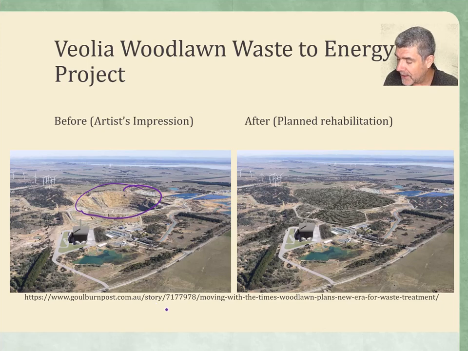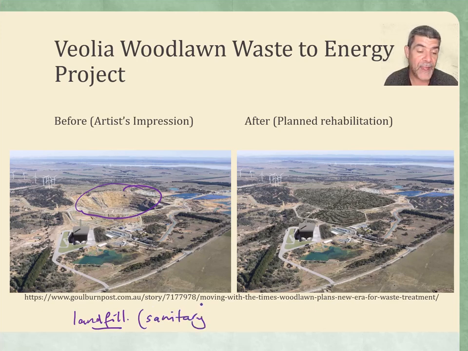So there is a range of different types of uses that has been made of this area. Some of that is for landfill, but it's landfill that's been sanitized, so sanitary landfill. And then also there is a transfer to biofuel or some sort of biogeneration of energy.